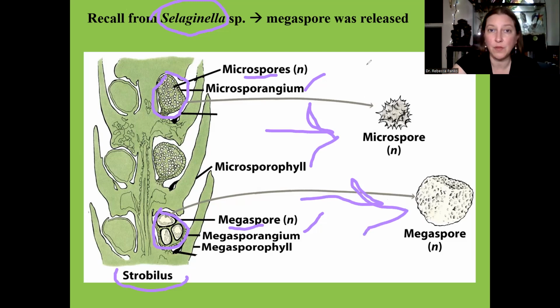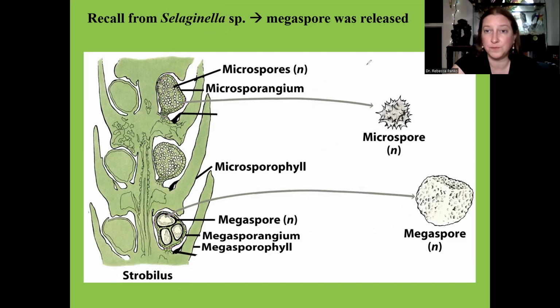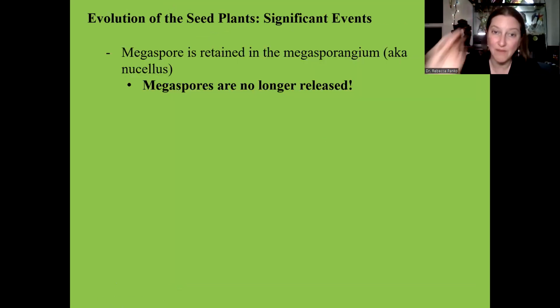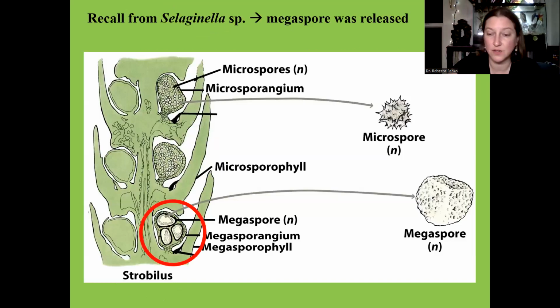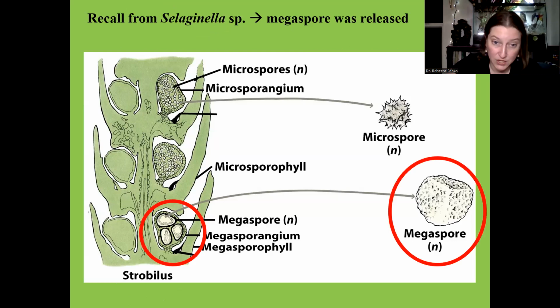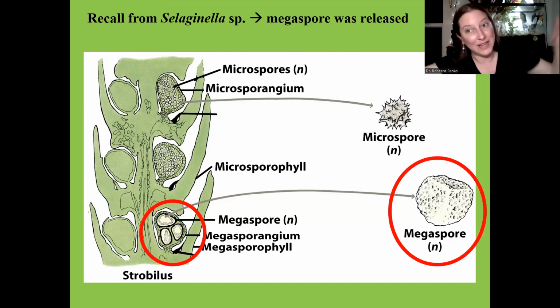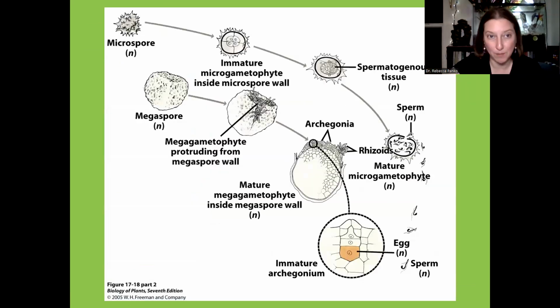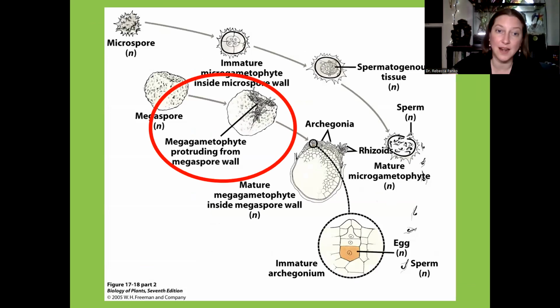The megaspore was released when we looked at Selaginella. But not anymore. In the seed plants, not anymore. Megaspore never gets released, stays inside. So when you're looking at these slides later, this is showing you the megasporogenesis, and this is showing you the megaspore being released, right? Back when we were talking about Selaginella.